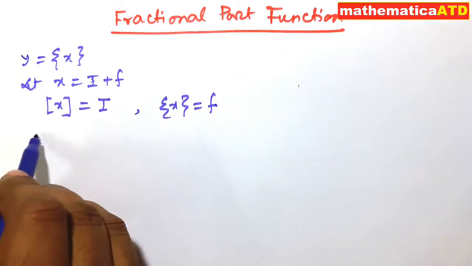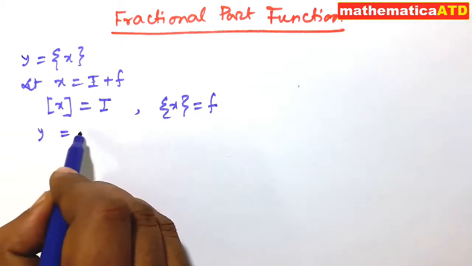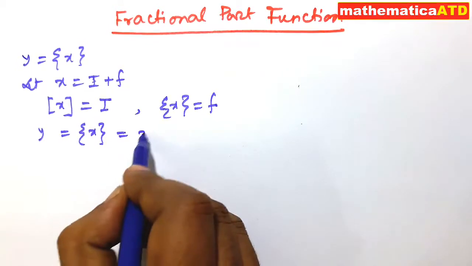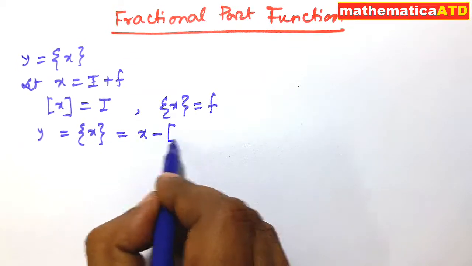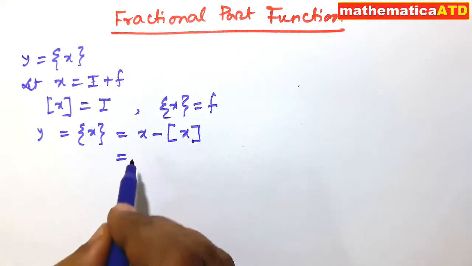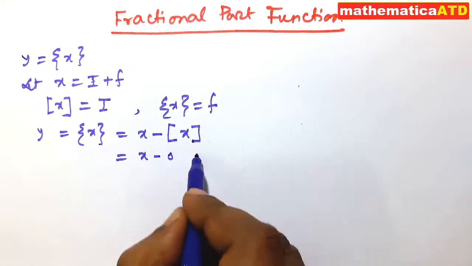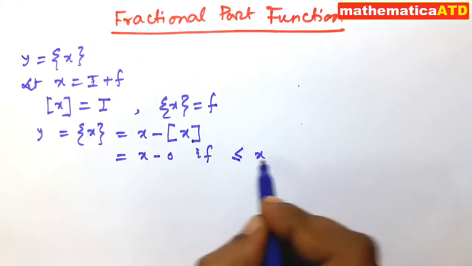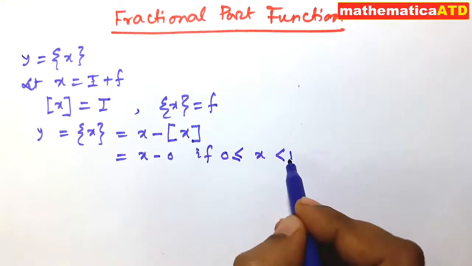Friends, this y can now be written as the fractional part of x is equal to x minus the integral part of x. So this is x minus 0 if x lies between 0 and 1.